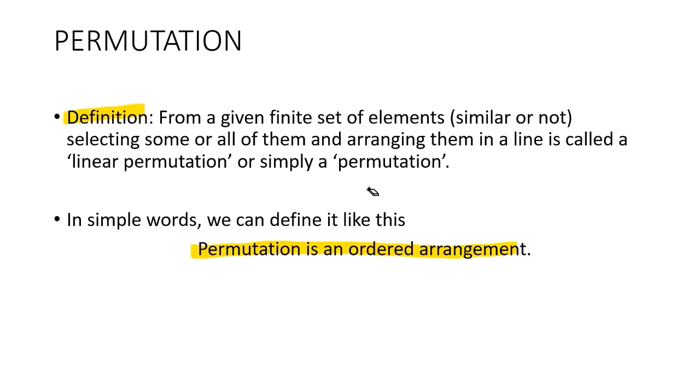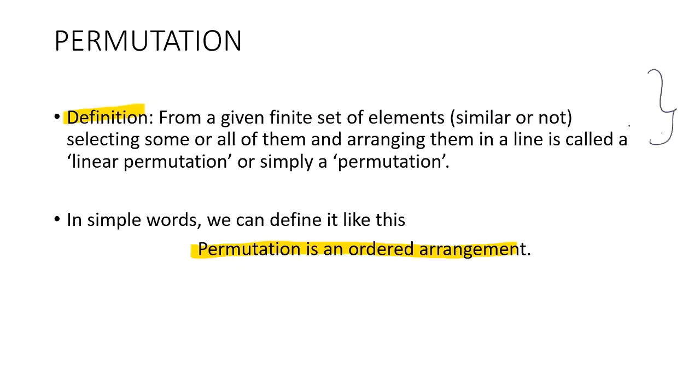Instead of saying linear permutation, we just say permutation. But circular permutations are called circular permutations, whereas linear permutations are called permutations. So this is the definition that they have given in the textbook.